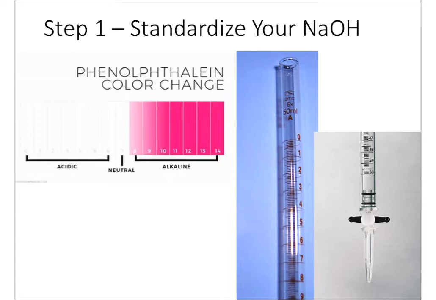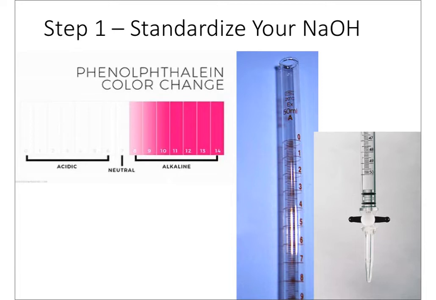The way that we know that we've reached a pH of 7 during the standardization is we use phenolphthalein. You might remember this from your lab in Gen Chem 1. This is exactly the same sort of thing that you did back in Gen Chem 1, where we started with an acidic solution. We have our KHP, which is colorless, and you begin adding sodium hydroxide, and eventually what you hope to get is a very slightly pink solution color.